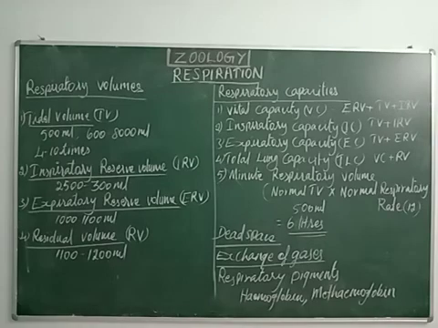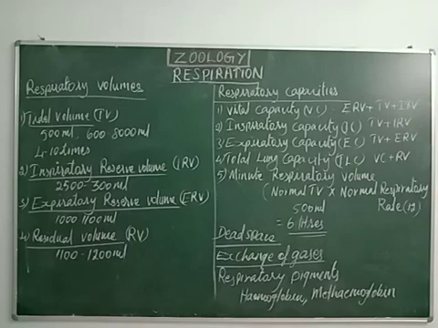And this carbon dioxide can diffuse 20 to 25 times higher than the oxygen molecules. Because the partial pressure of the carbon dioxide is higher than the oxygen, this carbon dioxide is diffusing 20 to 25 times higher than the oxygen. Understand? So dear students, hope you understood this topic.